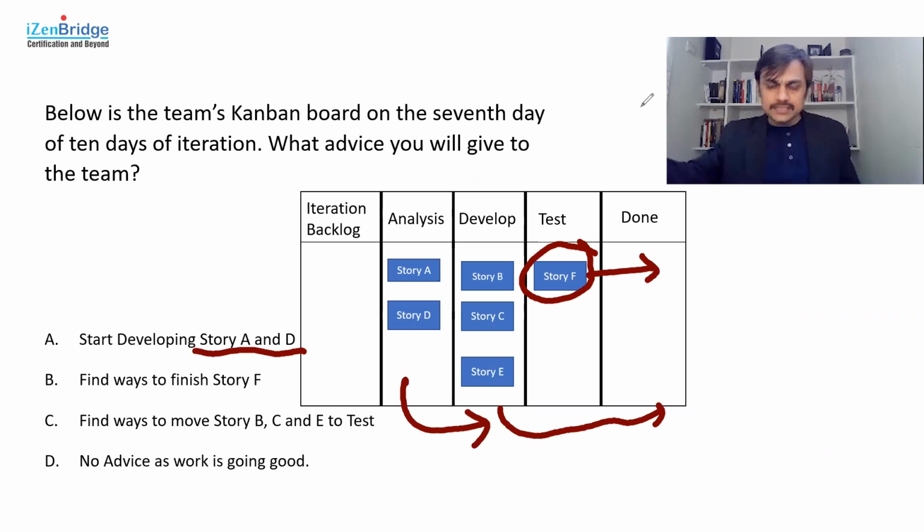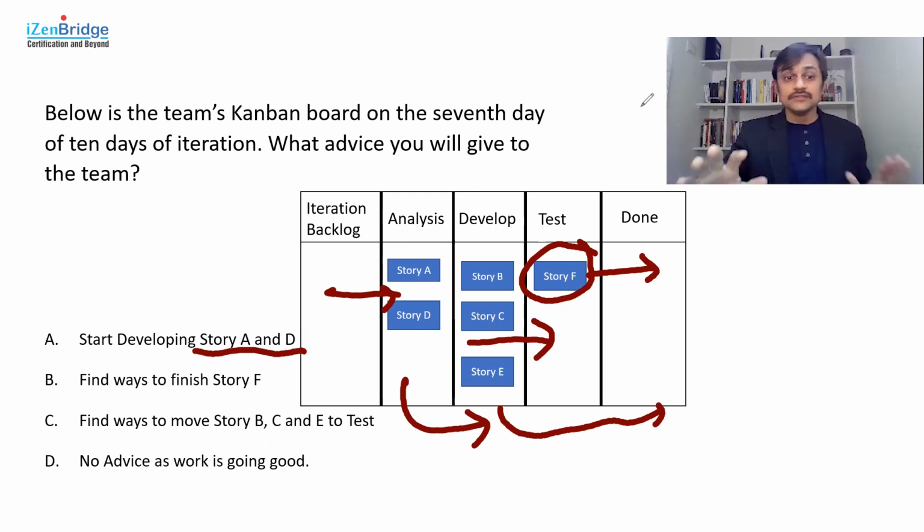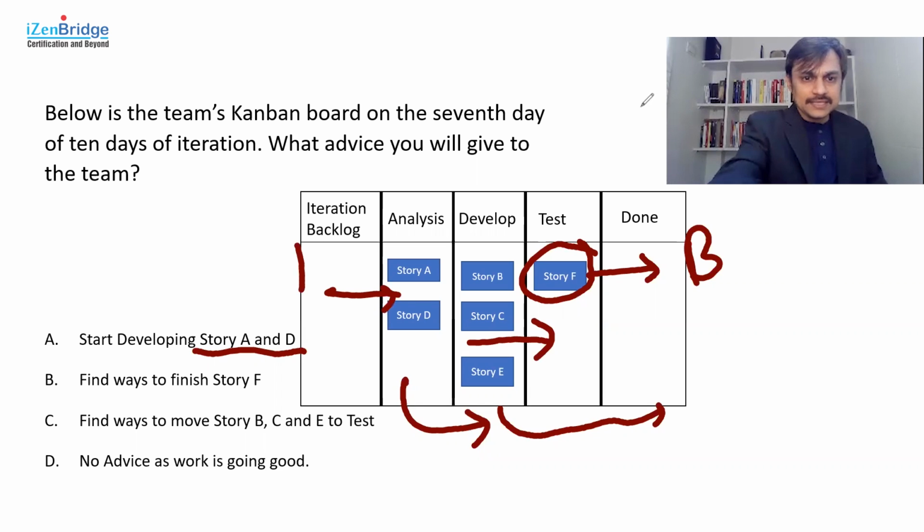If I remove these things, things will start incrementally moving. So one option is push from here, another option is push from here, and another option is push from test to done. These are the three options you have. Option B is this one, option A is this one, and option C is this one.